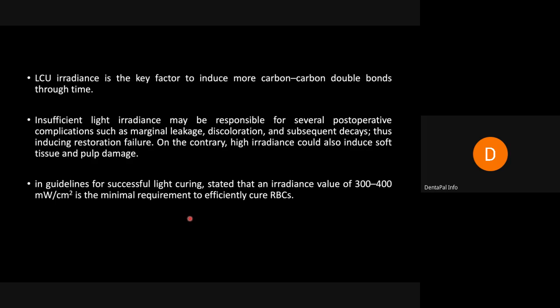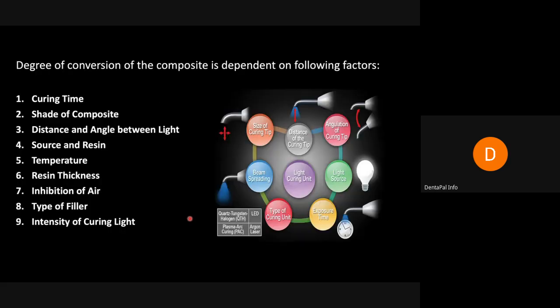It could be written in the instructions of the composite and adhesive system used. So we have to follow these instructions. We have to calibrate our devices, and we have to be sure that the light is enough.